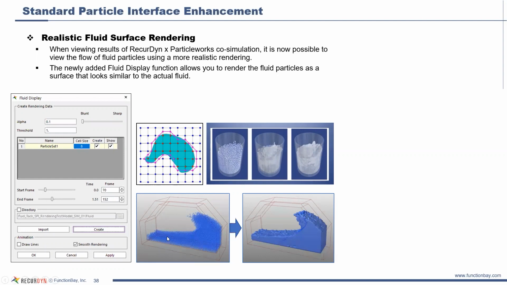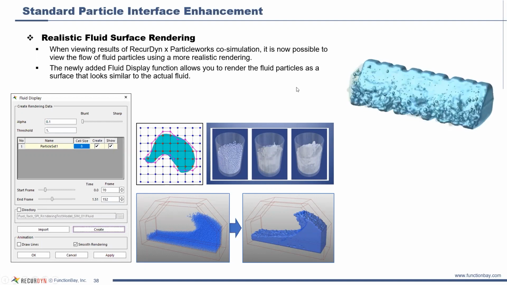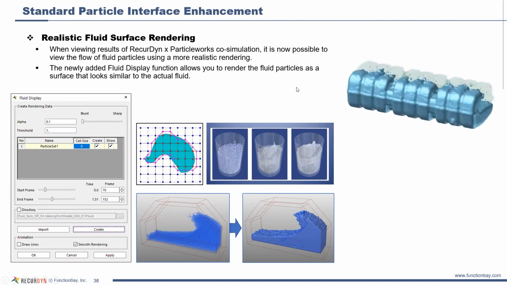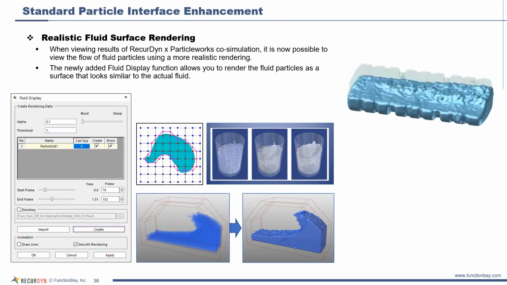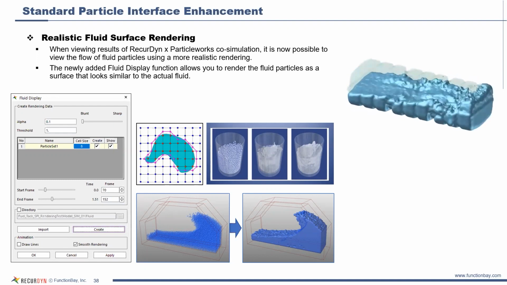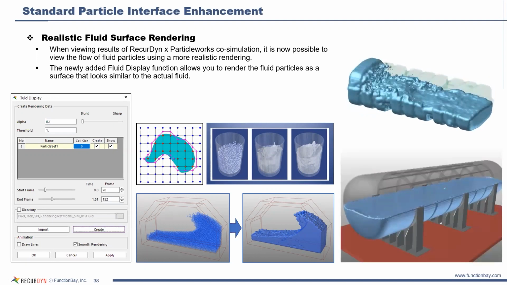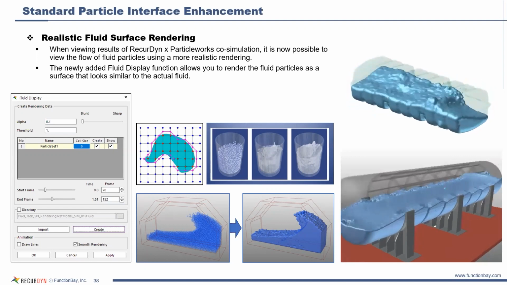Once you apply this new fluid surface rendering to the fluid, then you get this nice visualization of the fluid. And so we can see a couple examples of animations using this new rendering feature. And then here's just another example.